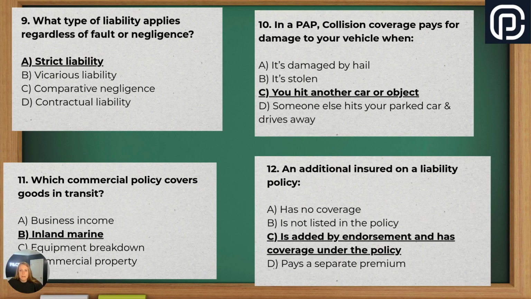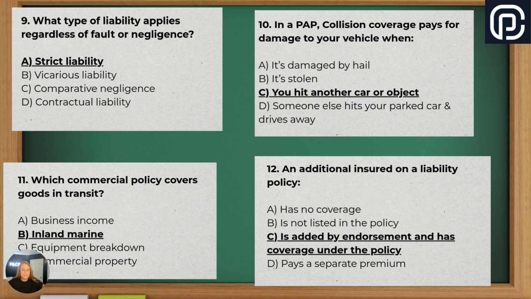Question number 9. What type of liability applies regardless of fault or negligence? This is your strict liability. So when we talk about strict liability, this is for products, right, or producers, manufacturers. And what this is talking about is any manufacturer, any producer that makes a product. There's an implied warranty that that product is safe, right?